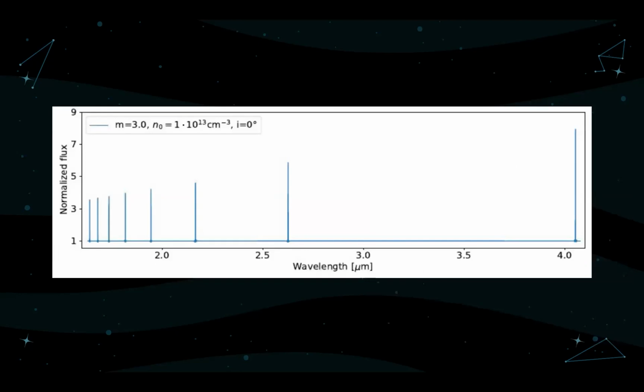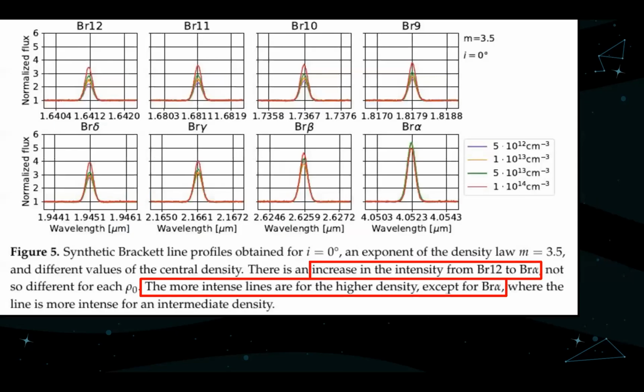There is a spectrum just to show a spectrum from these values, this exponent and this density at the base of the disk, with an inclination of 0 degrees, that is seen as polar. So we put together, comparing between different parameters, our line profiles.